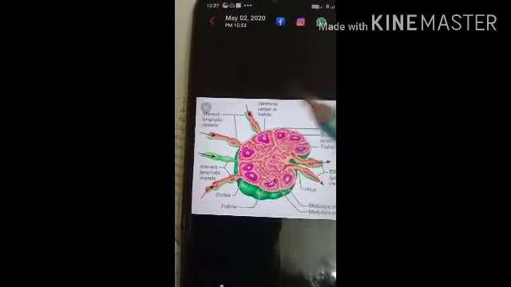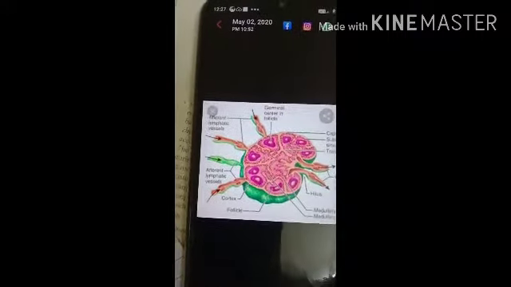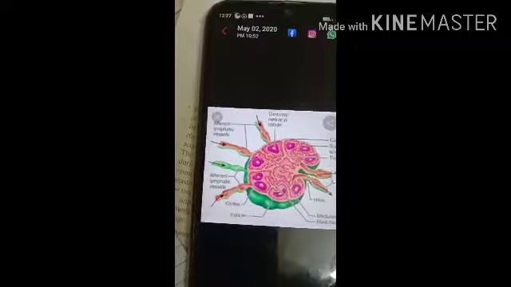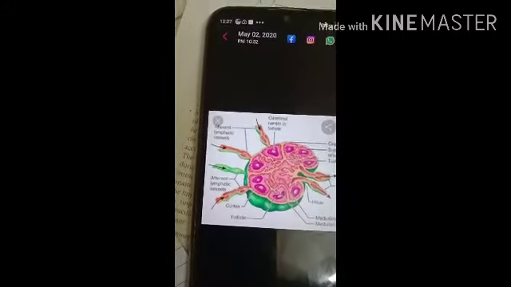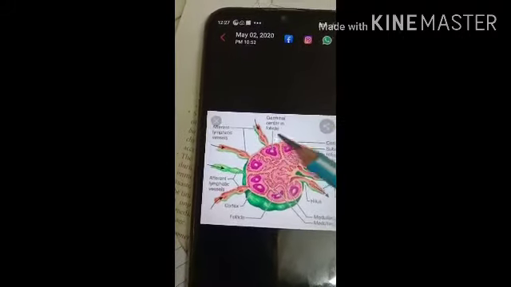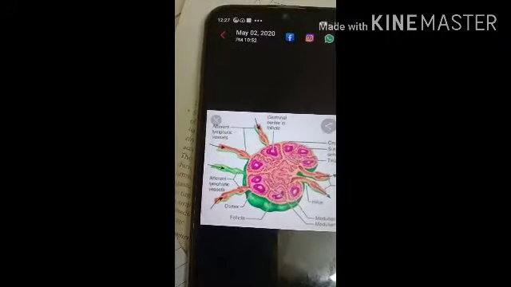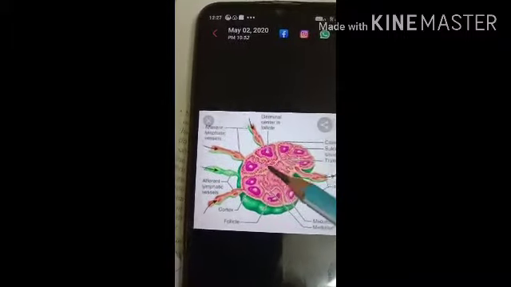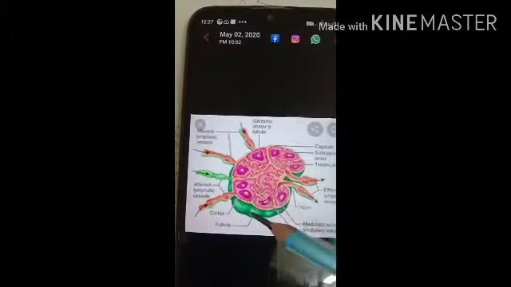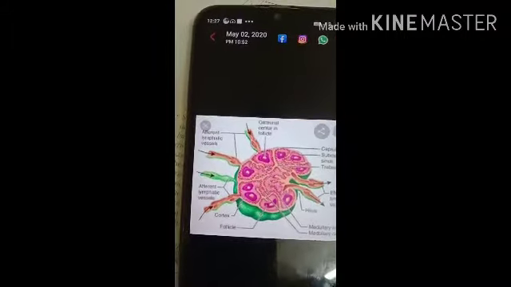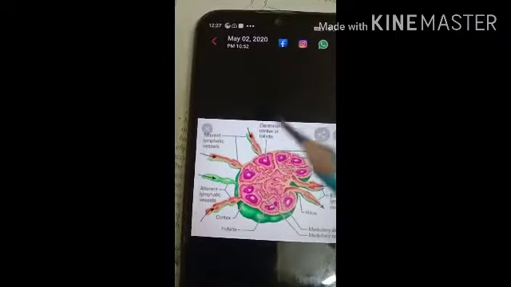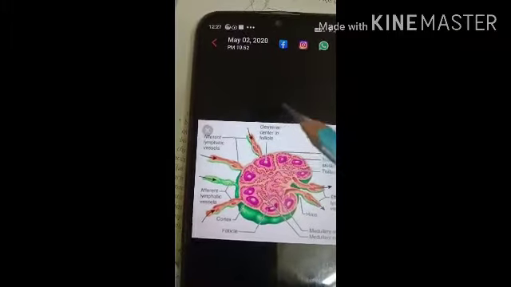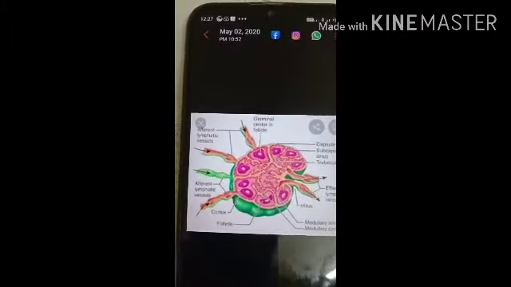The capsule is an outer layer of connective tissue. Underlying the capsule is the cortex, which consists mostly of inactive B and T lymphocyte cells and macrophages. The cortex is divided into an outer and an inner layer, and this region is surrounded by an inner medulla. It secretes plasma cells.